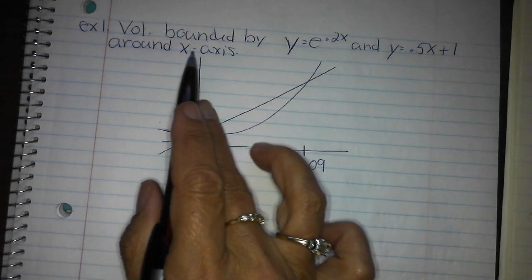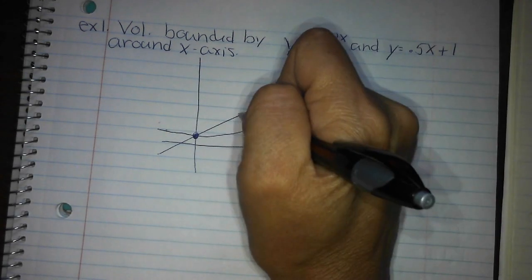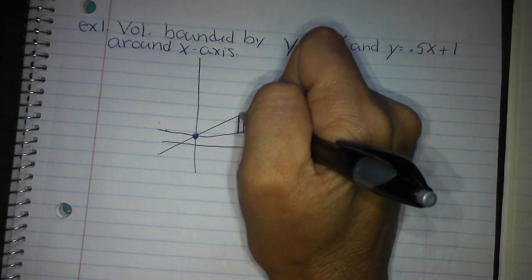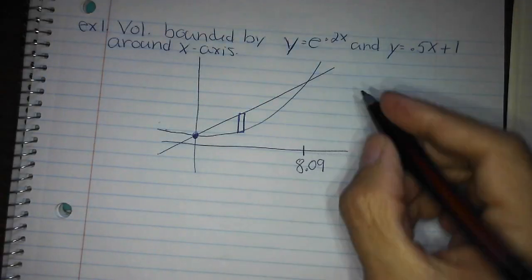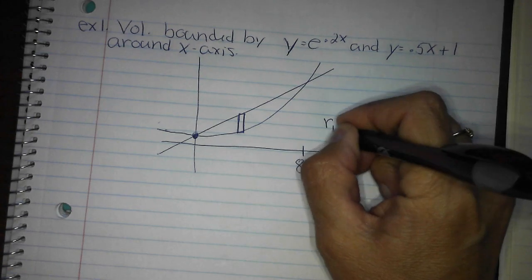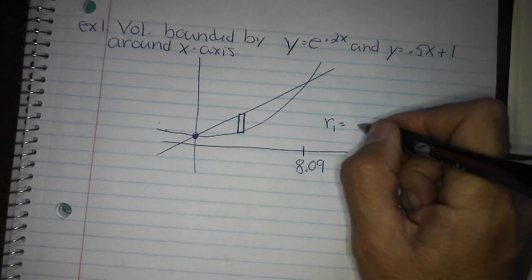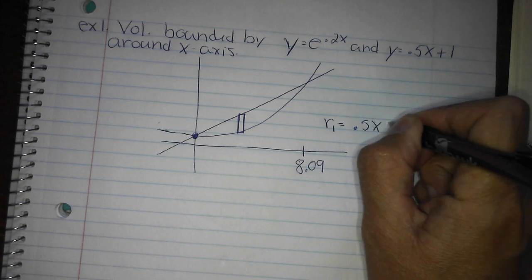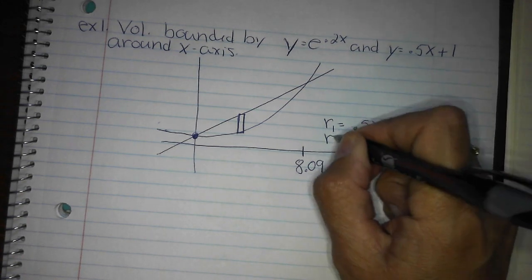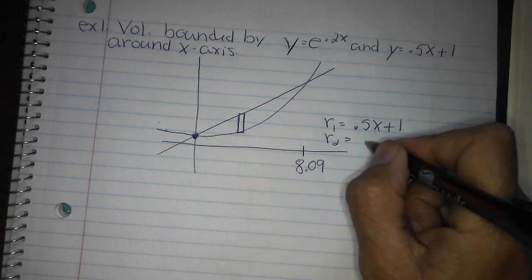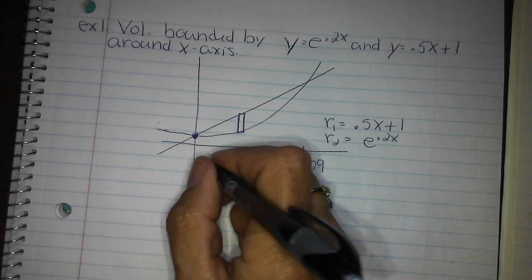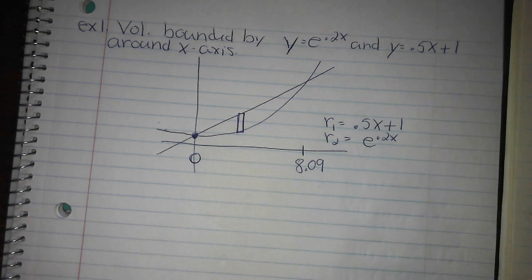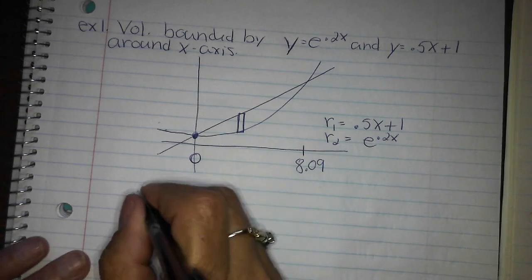So we're going around the x-axis, so I want my rectangle to be perpendicular to that. So now I can see my R1 is the top one. That's my line, 0.5x plus 1. R2 is the bottom, that's e to the 0.2x. I've got my boundaries. Now I'm ready to write the volume equation.